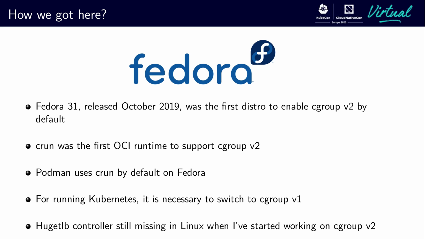At the time of the Fedora 31 switch, Kubernetes also gained support for hugetlb. That controller was still missing in the kernel for cgroup v2. So by the time I got to work on the enhancement proposal for Kubernetes, I also needed to make sure that hugetlb was supported in cgroup v2. So I had to add support for hugetlb in the kernel.